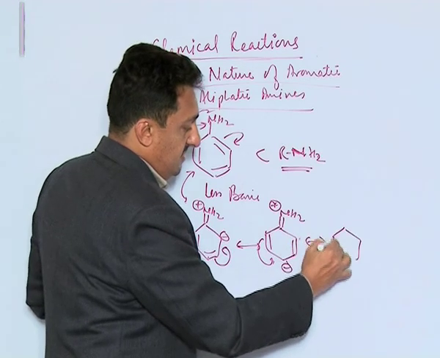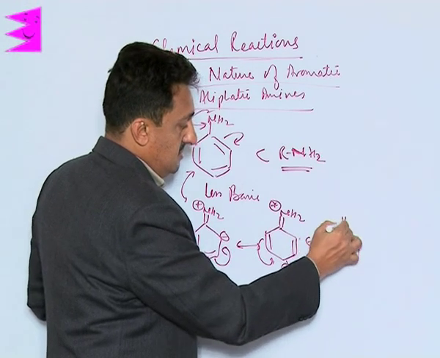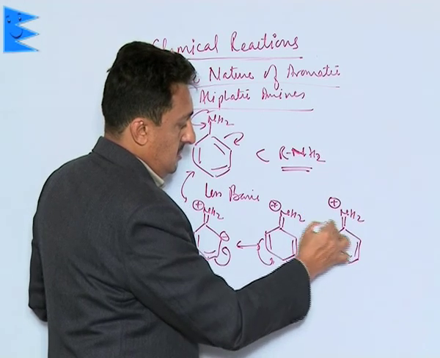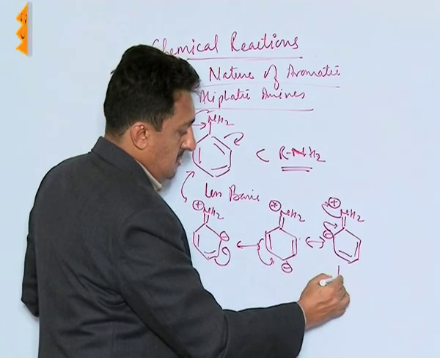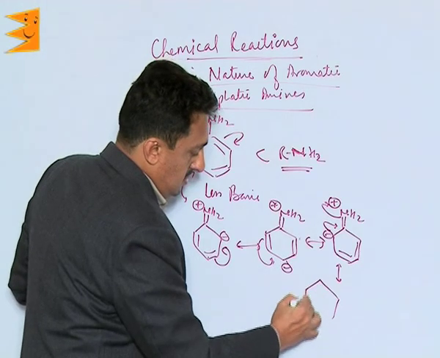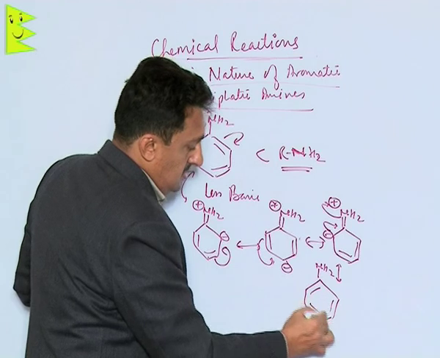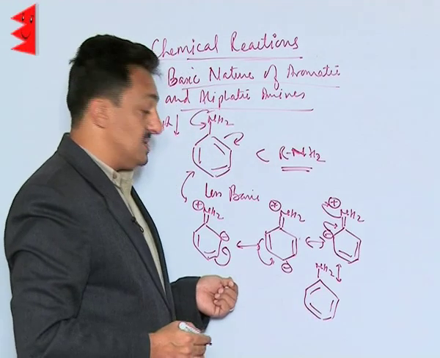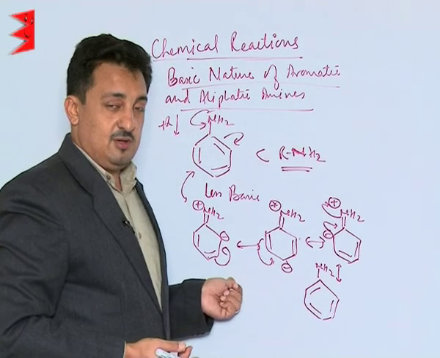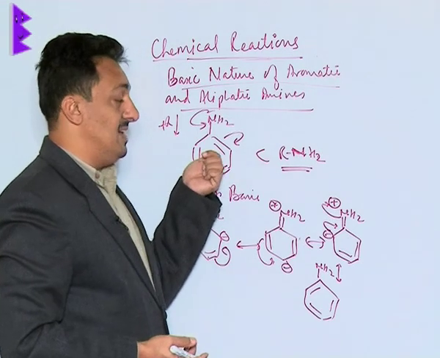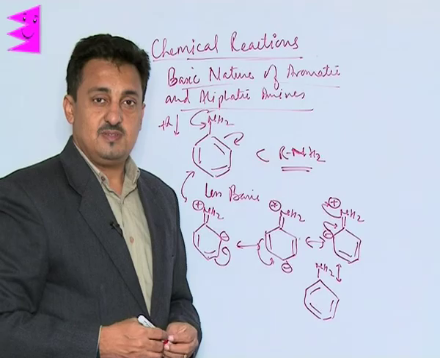The resonating structures are like this. So that is why this is ortho-para directing for electrophilic substitution reactions, and due to this plus R, these aromatic amines are less basic than the normal alkyl amines.